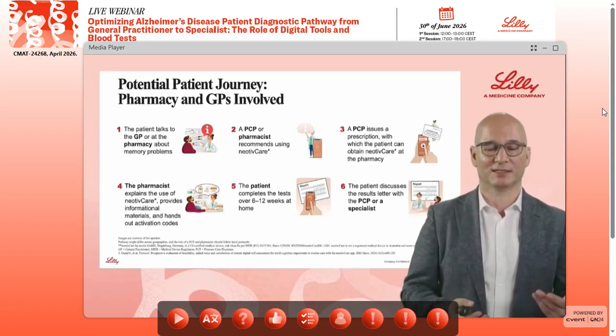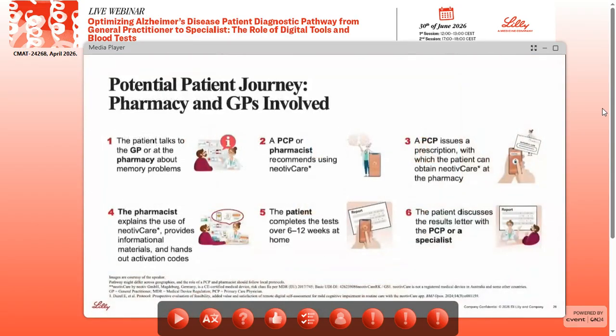Here the idea is that between the GP and the pharmacy, there is some information exchange about potential memory problems. And then the GP can prescribe the app, but the onboarding to the app, the explanation of the app, and everything around the app then occurs in the pharmacy, just like picking up a medication from a pharmacy.